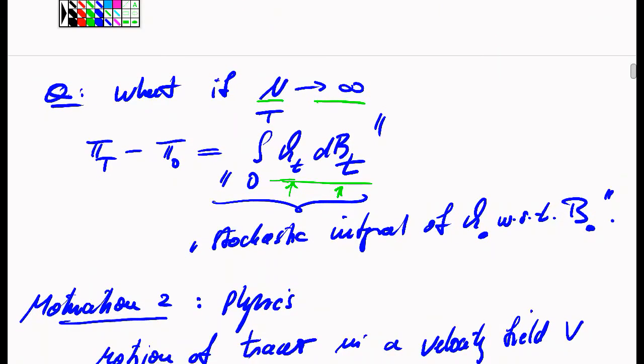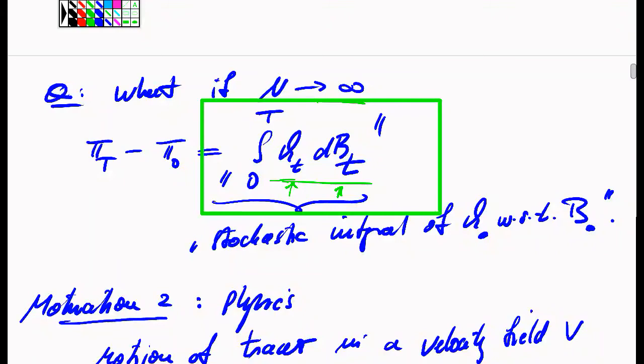Okay, so that's the first instance where we would want to be able to deal with a symbol like this, which would be an infinite sum, a continuum sum if you like, of a certain function against the infinitesimal increments that we observe if we follow a Brownian motion.